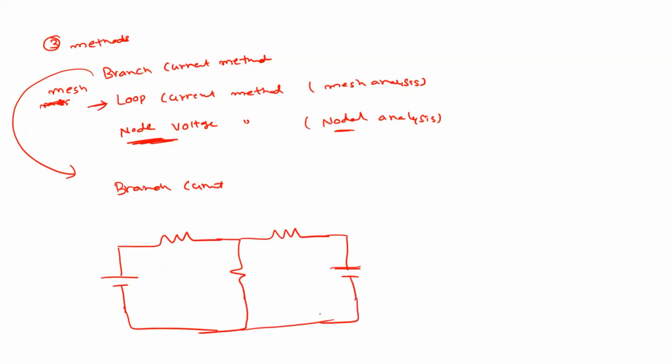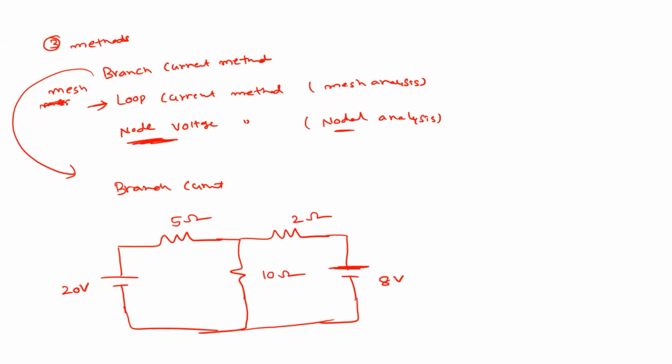The objective of these 3 methods is to find the current through a particular branch or element, or to find the voltage across a particular element. Let us assume 8 volts, 20 volts, say 5 ohm, for example, 2 ohm and this is 10 ohm.